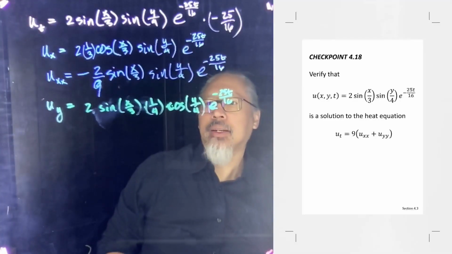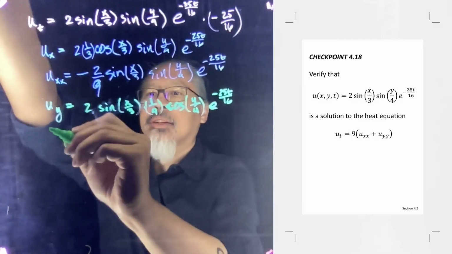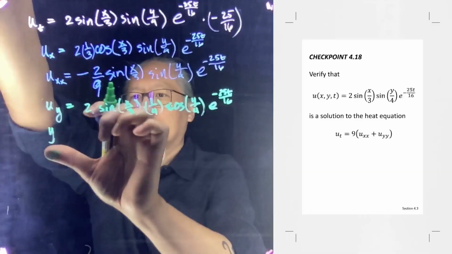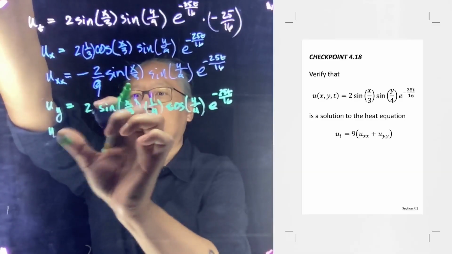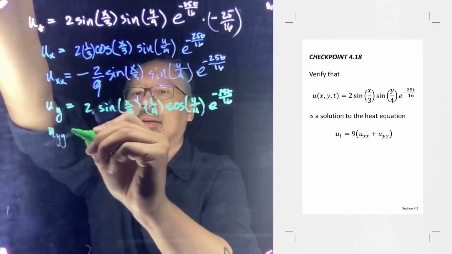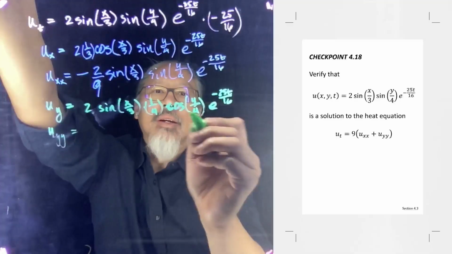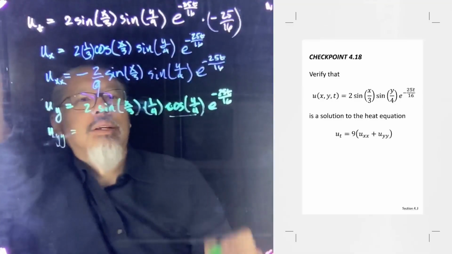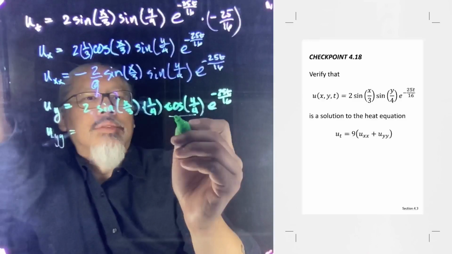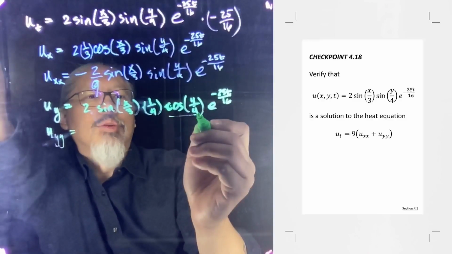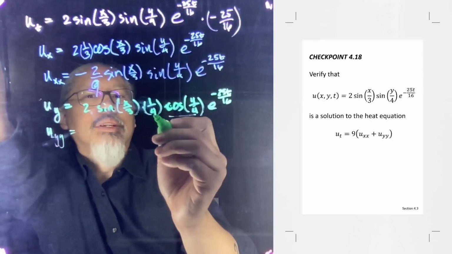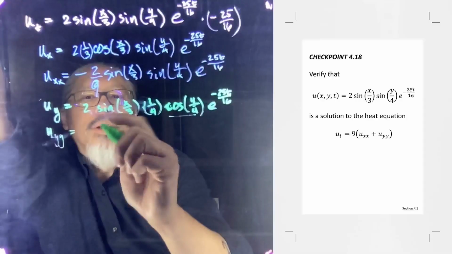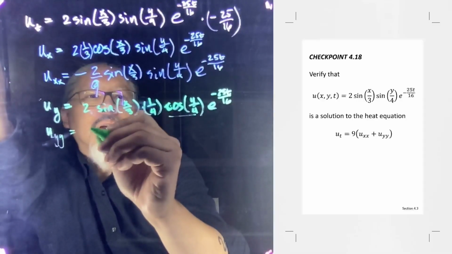Okay, and now we'll focus on this to take the derivative with respect to y again. This is u sub yy, and again the derivative is going to focus on the cosine, which gives us a negative sine and an extra 1/4, so that would be 1/16, and if you multiply that with a 2, that gives us 1/8.